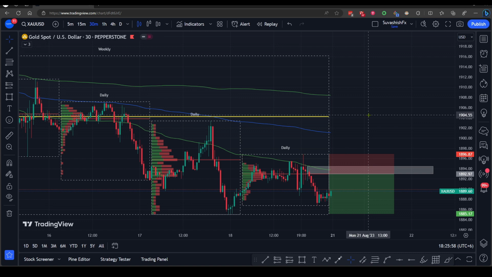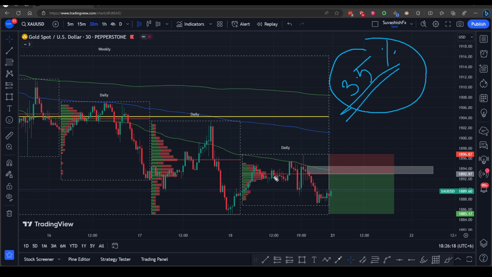We can only analyze the market, predict the market, and try to trade with the institutions. That's what we can do, because our share is only 3.5% in this market. That's the percentage of retailers. Okay, so the rest of the percentages are controlled by institutions.